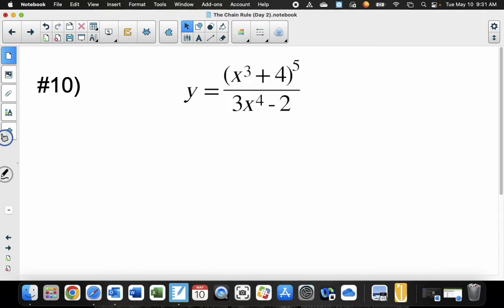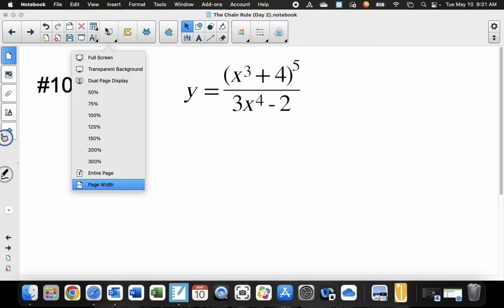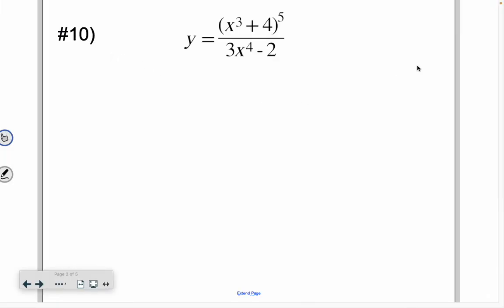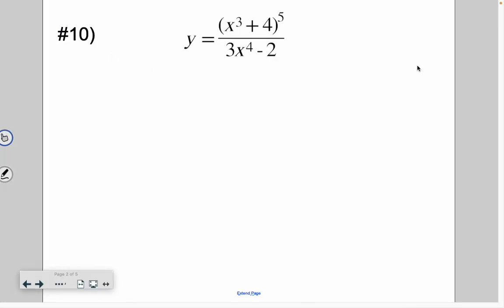Let's take a look at problem number 10. This one is a quotient rule. Good. Okay. So, we do have to do the quotient rule, where most of our focus will be the numerator.